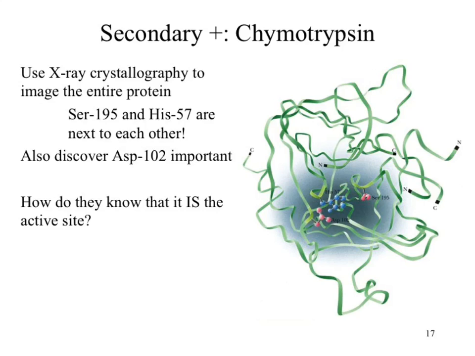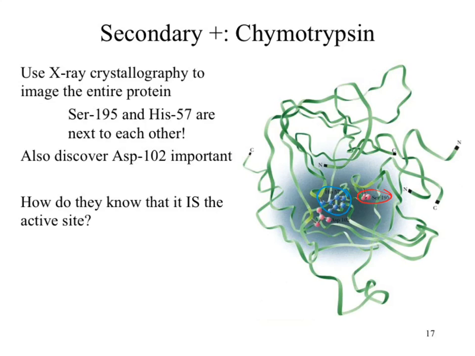If we then go through and look at our secondary or tertiary structure, not quaternary, and that's what they're attempting to show with this big fancy ribbon drawing, if we look really, really carefully, what they've done is highlight the serine and they've highlighted this histidine. And you'll notice that they are very, very close to each other.